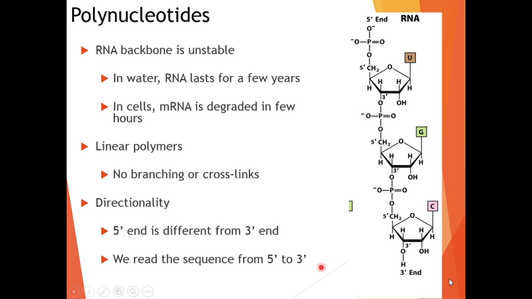In the case of DNA, you read from what is called the 5' end to the 3' end. The logic is that the 5' end has a phosphate from the 5' hydroxyl of that ribose or deoxyribose sugar, and the 3' end is because the 3' hydroxyl in an RNA or a DNA is free.